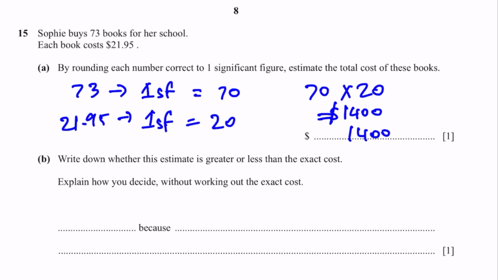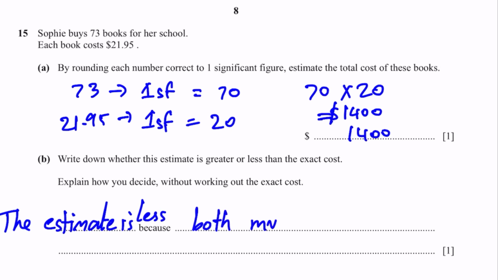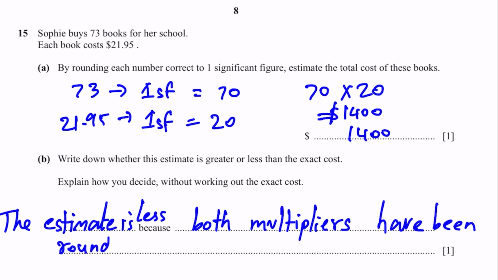B, write down whether this estimate is greater or less than the exact cost. Explain how you decide without working out the exact cost. Well, the answer is actually the estimate is less. So let's write the estimate is less because both multipliers have been rounded down to 70 and 20.